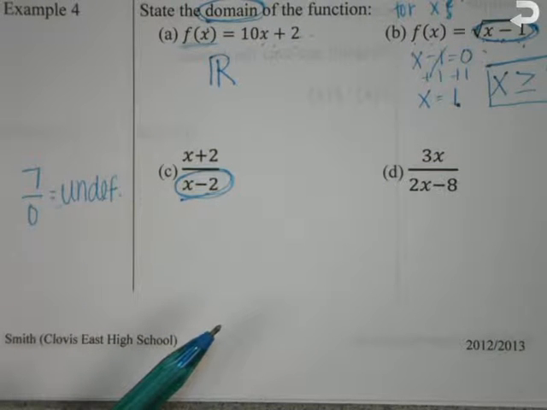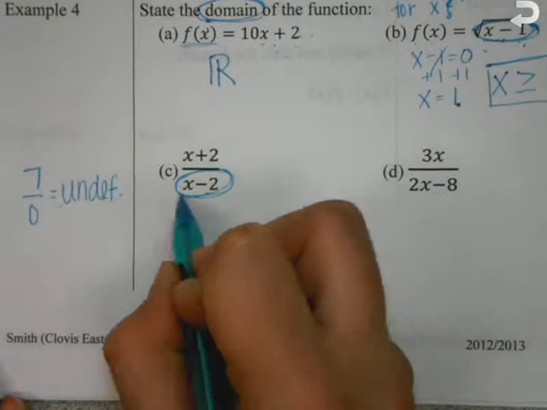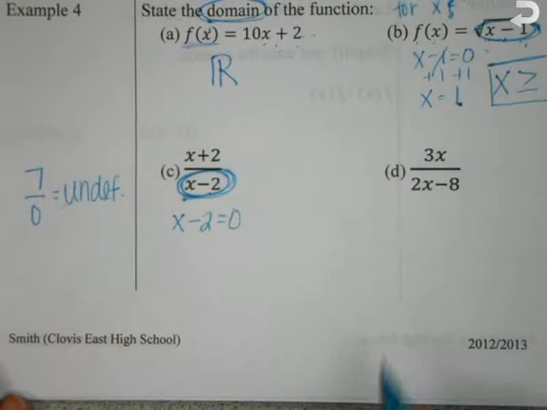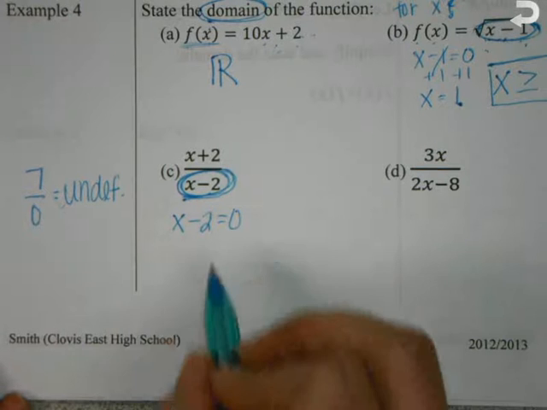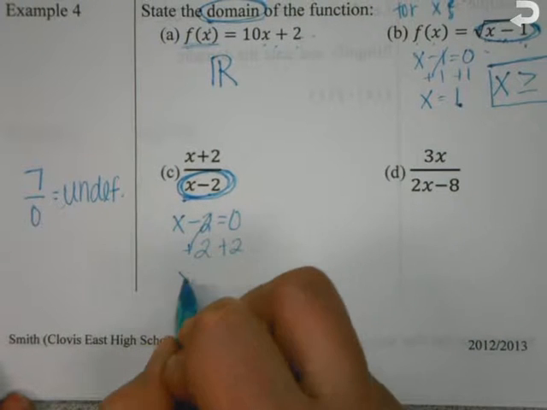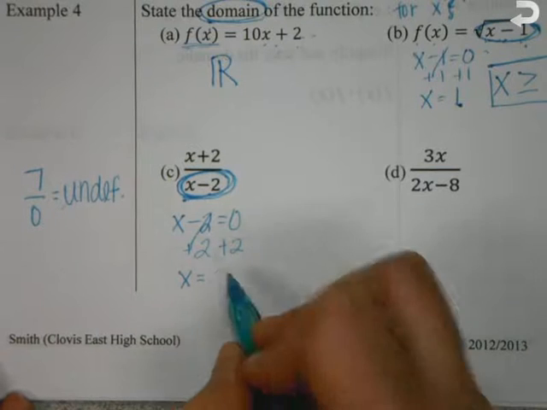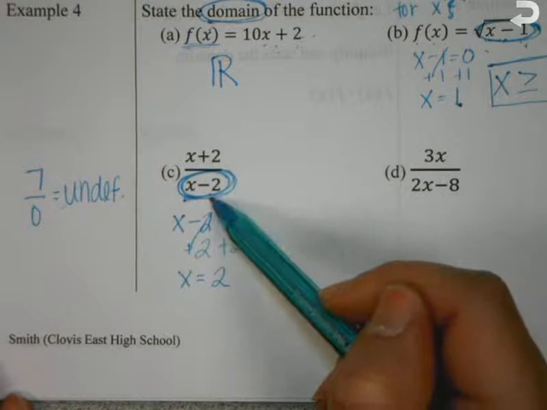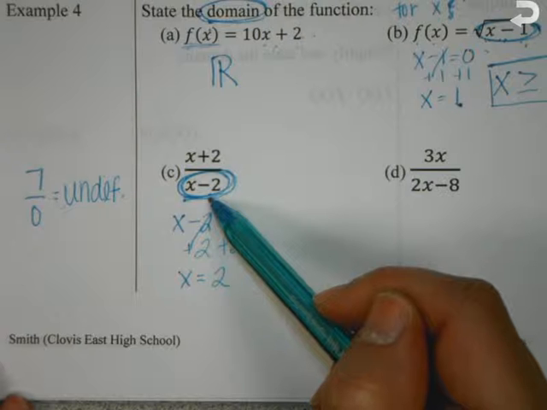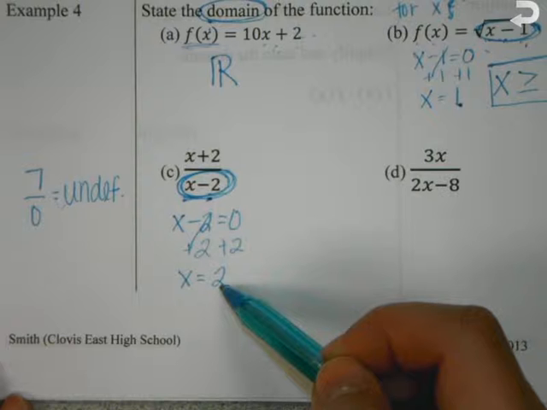What makes that denominator 0? x equals 2. Could I plug in 1? Yeah. Could I plug in 4? Yeah. Could I plug in negative 5? Yeah. Could I plug in 2? No. So my domain is all real numbers, but x cannot equal 2.